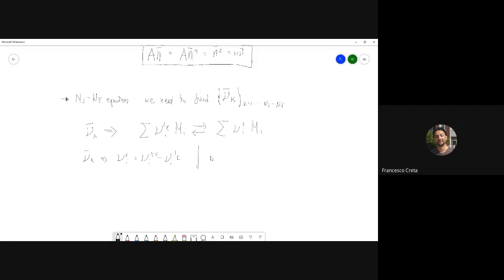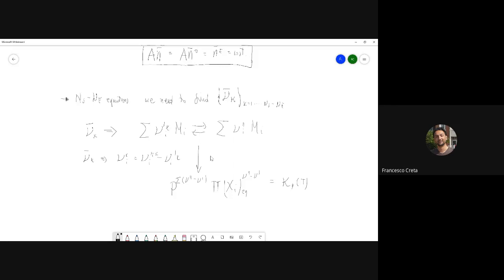And for each of those reactions, I can write down the product, I mean, I would have to write down here k and i, but it's a little bit too heavy as a notation, of Xi at equilibrium to the power of Ni double prime minus Ni equals some reaction constant, okay?